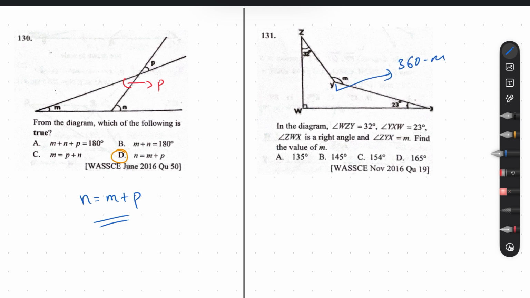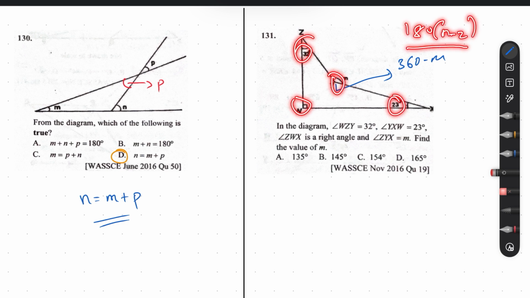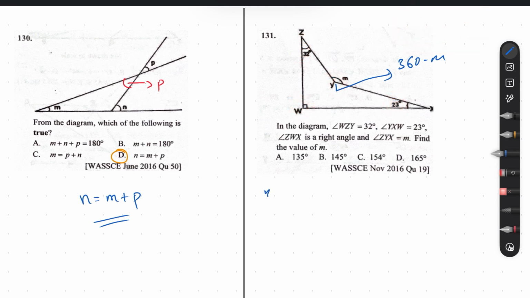Now, let's add all the angles together. Then we equate it to the sum of the interior angles of a polygon, which is this formula. So that will be 32 plus 90 plus 23 plus y, which is the same as 360 minus m, should be equal to 180 (n minus 2).